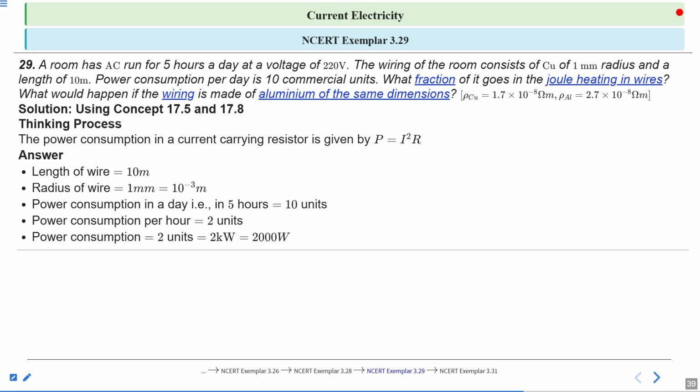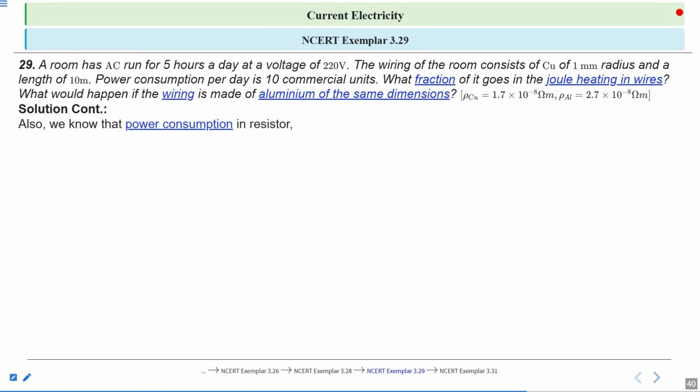If we took energy consumed, then we will take unit as kilowatt hour. But here we are already taking power consumption per hour. So that's why we are taking unit as kilowatt only, not kilowatt hour. So power consumption per hour, 2 units. Power consumption 2 units is 2 kilowatt or equal to 2000 watt.